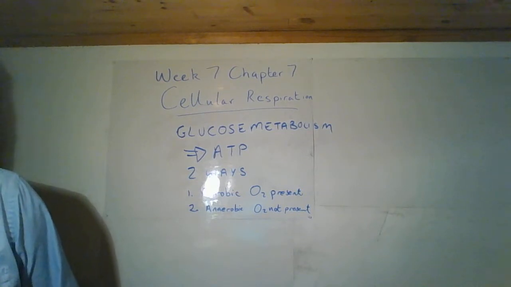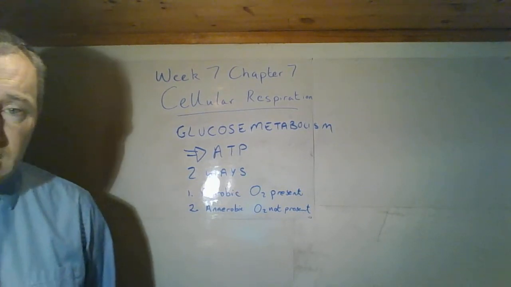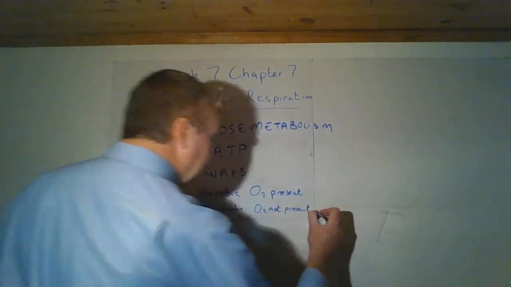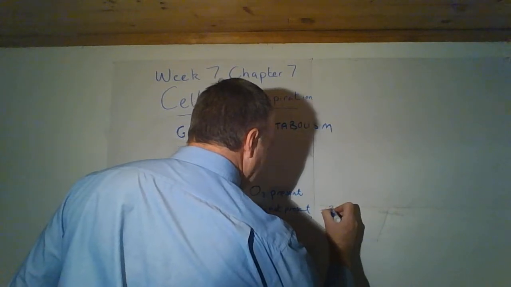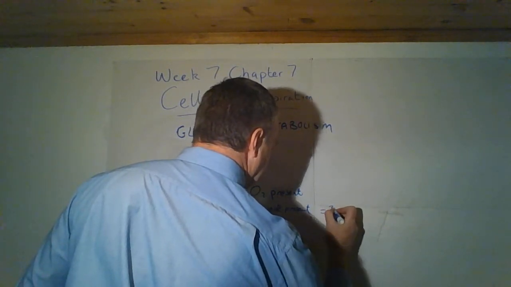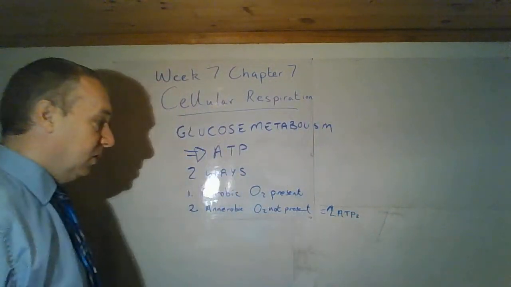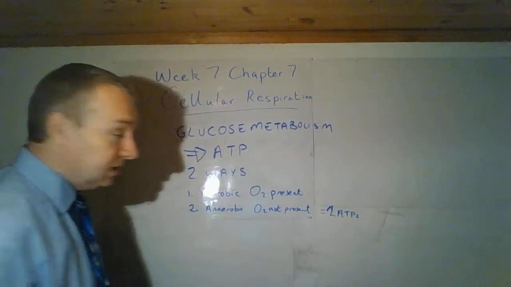So now let's look at the amount of ATP produced. For anaerobic, it is 2 ATPs worth of energy, and for aerobic it's 36 to 38.